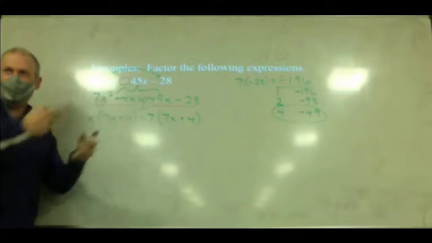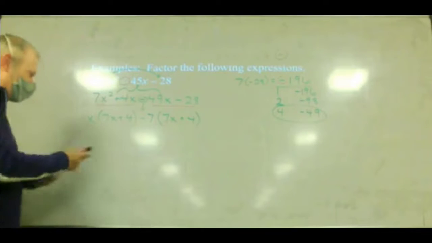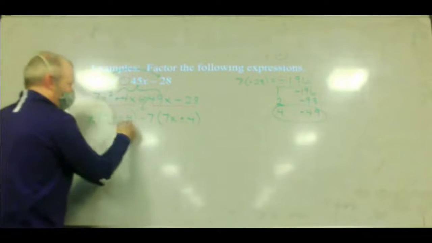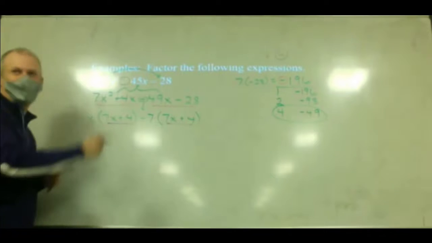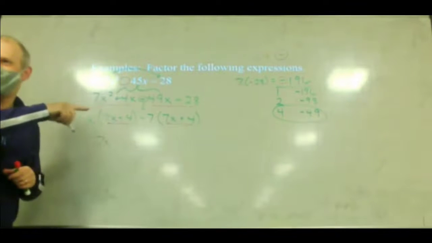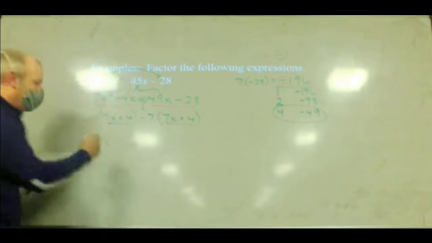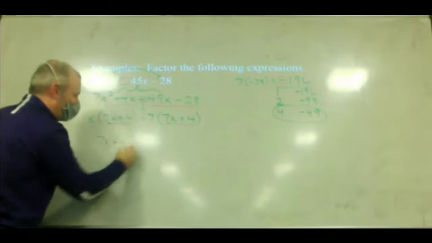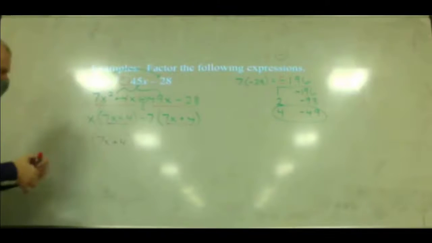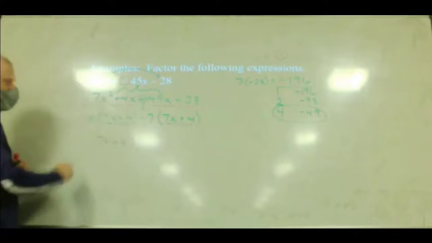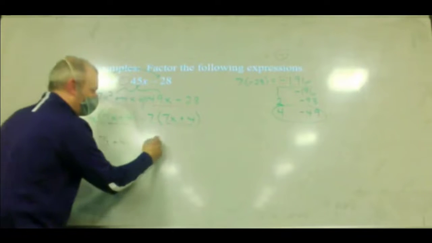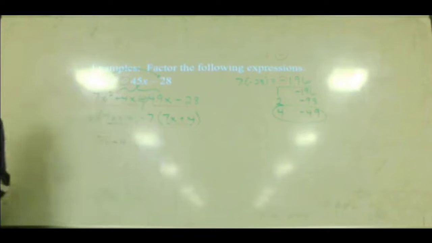We know what it should be. So since we have 7x plus 4 and 7x plus 4, we can factor out the 7x plus 4. And then what do we have left after we factor those out? x minus 7. And then we're done.